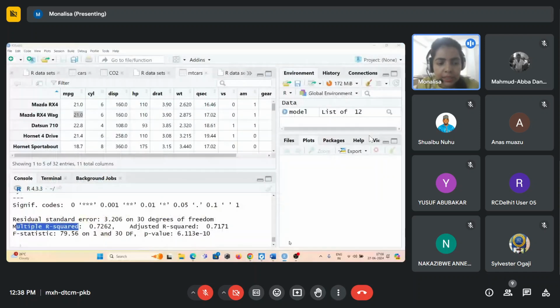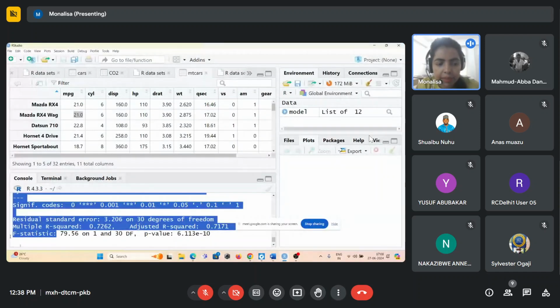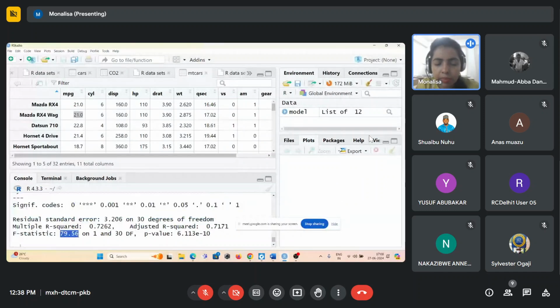Right? So you can see that the F statistic is written as 79. You can see it from your screen also. The p value is this much, that means it is less than 0.05, and the F statistic is also large. So in both cases we have to reject the null hypothesis.